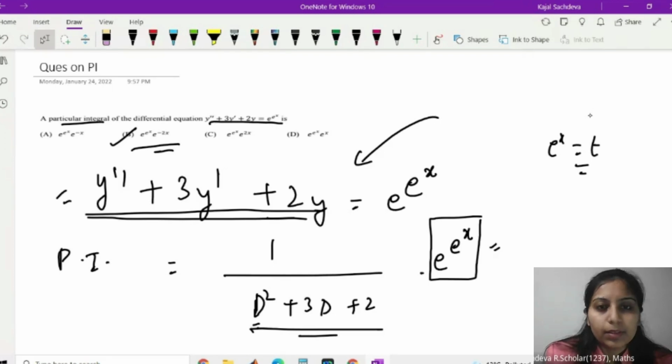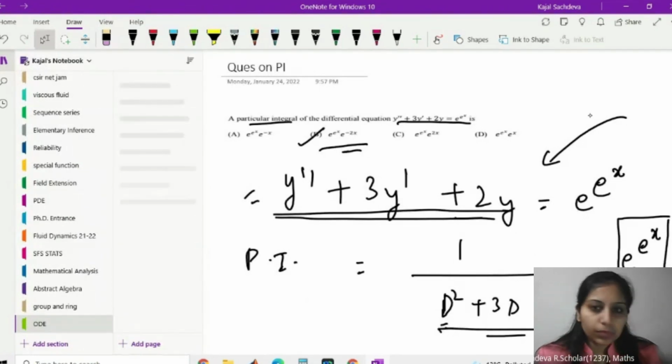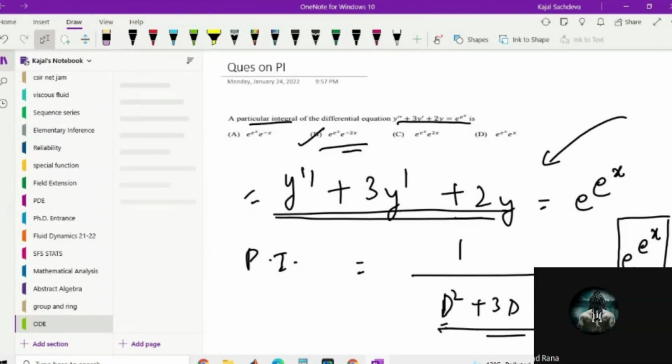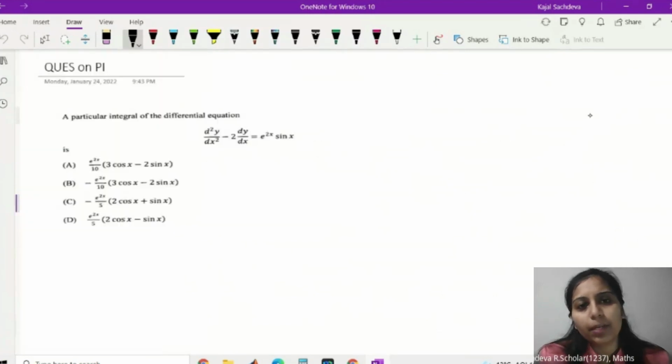If anyone has any doubt, they can ask. Ma'am, we can also do this by partial fraction. Yeah, you can do it by partial fraction. Then in this case you have to apply the general method, which we have discussed. We didn't do the example. So this is an alternate for the general method.